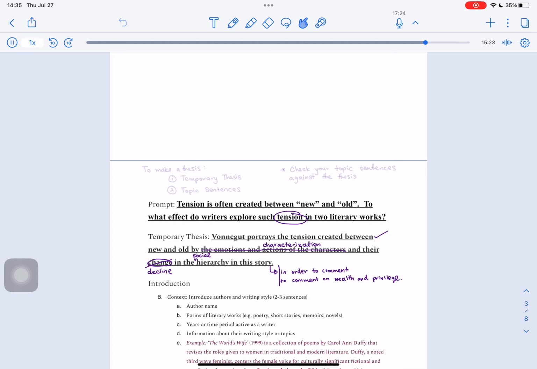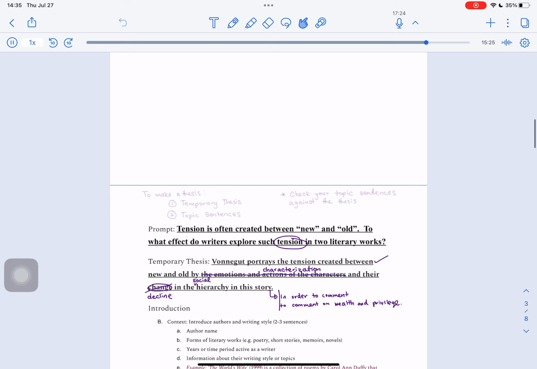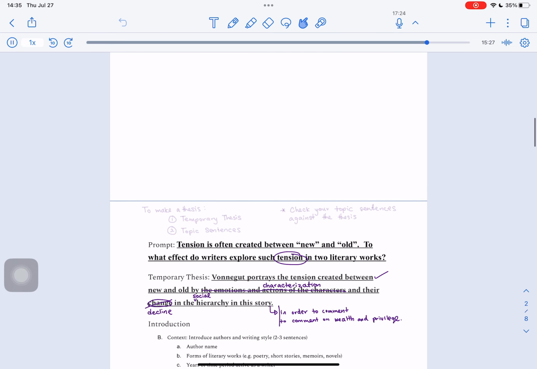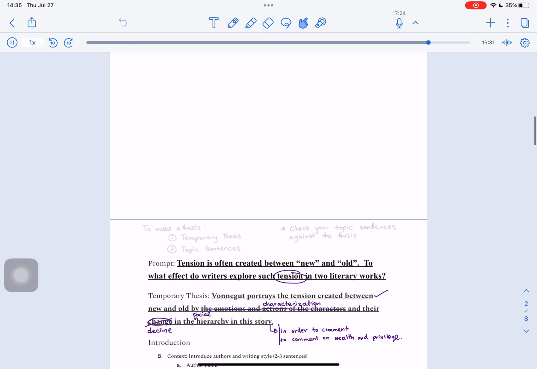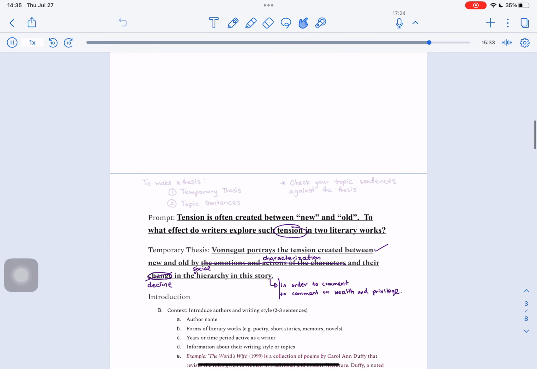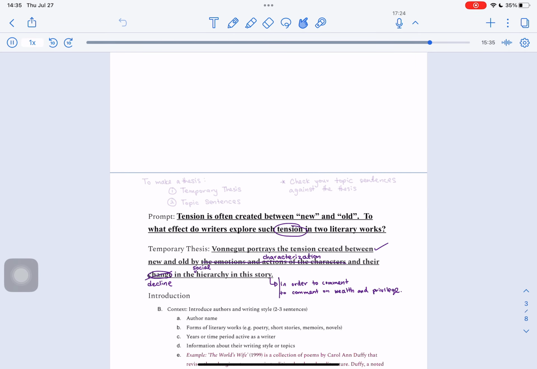You don't have to be specific. You can though. But comment is good enough because they're going to read the essay and figure out what the comment is. Does that make sense? So if you have a very general one, that's okay. If you had kept like the emotions and characterization and their change in the social hierarchy, that would have been okay. But I'm just suggesting decline because it's going to be like the big part is decline.